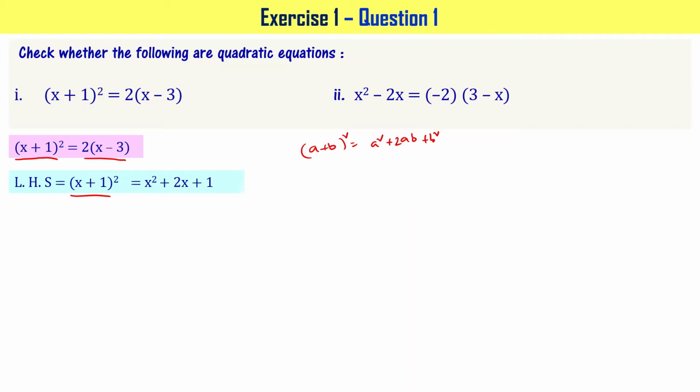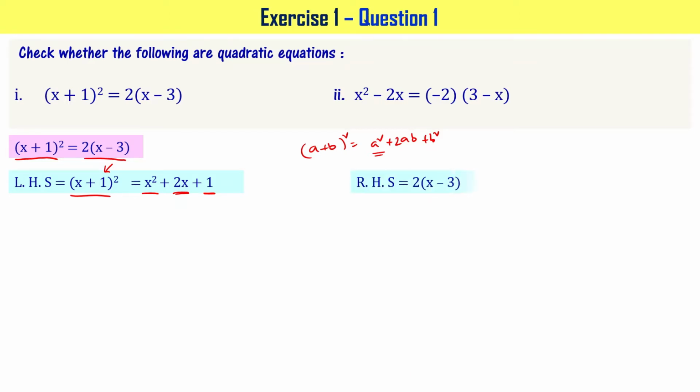When you expand it, it becomes x², that is a², 2ab becomes 2x because b is 1, plus b² equal to 1. (x + 1)² = x² + 2x + 1.